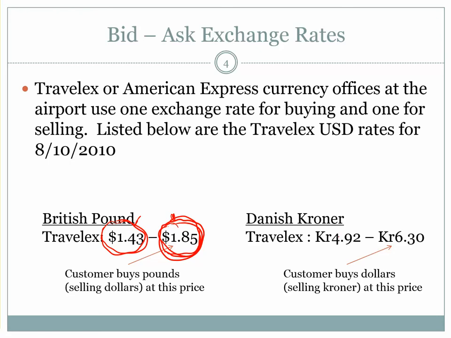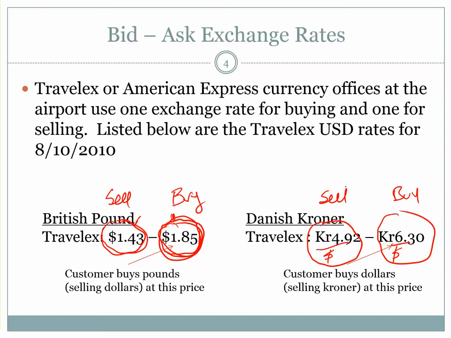Now let's look at an indirect exchange rate, which always makes things a little more difficult. This is the krone per dollar exchange rate, and it's quoted at 4.92 bid, 6.30 offer or ask. This is the high price of the dollar, and this is the low price of the dollar. So you always remember that in a bid-ask market, the customer will always buy at the high price and sell at the low price.